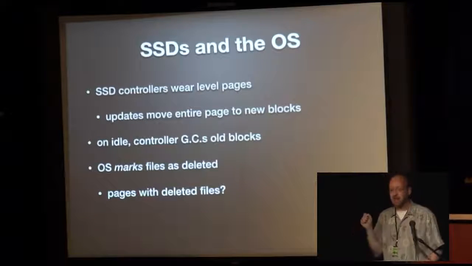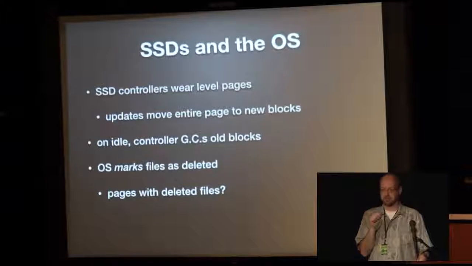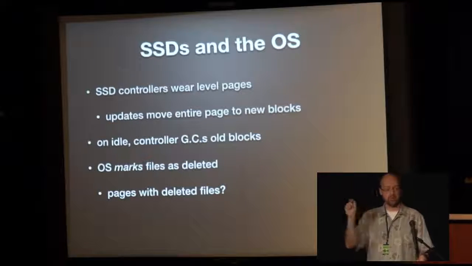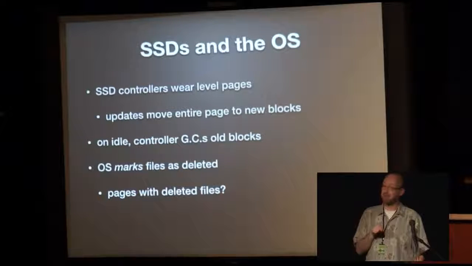In addition to that, you have to realize that operating systems don't delete files. They mark it as deleted. It doesn't go away, it just says, that's an invalid file. If you try to read from that file in the future, you get an error, that file doesn't exist. That file definitely still exists on the drive. What does that mean?